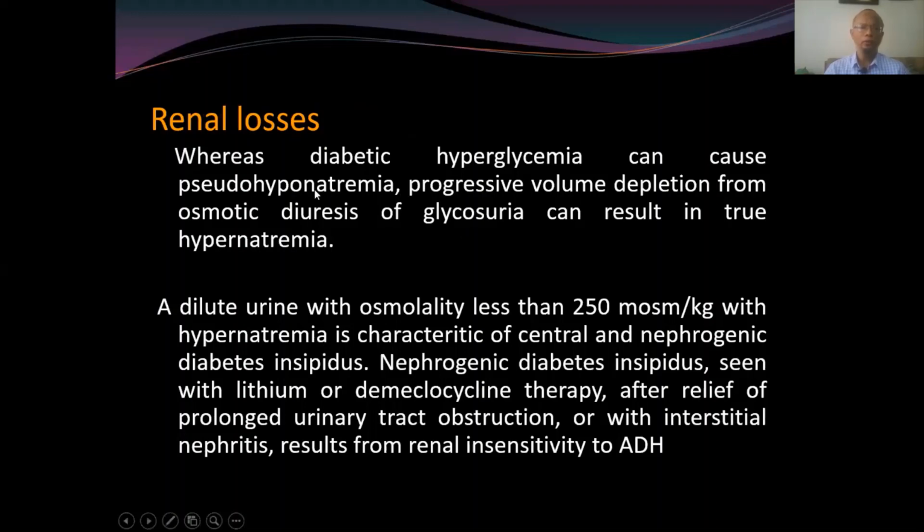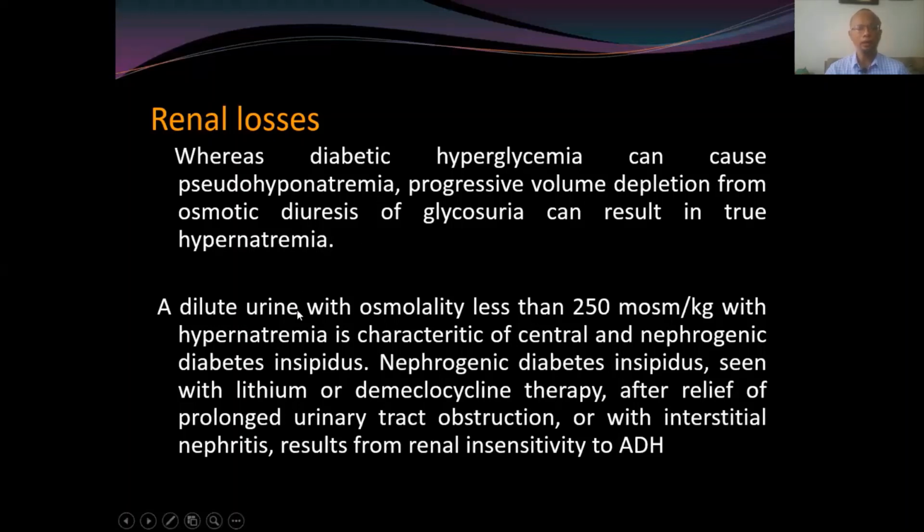Renal losses. Whereas diabetic hyperglycemia can cause a pseudohypernatremia, progressive volume depletion from osmotic diuresis of glycosuria can result in true hypernatremia. So here both can occur. Say if there is osmotic diuresis by glycosuria, hypernatremia can occur.